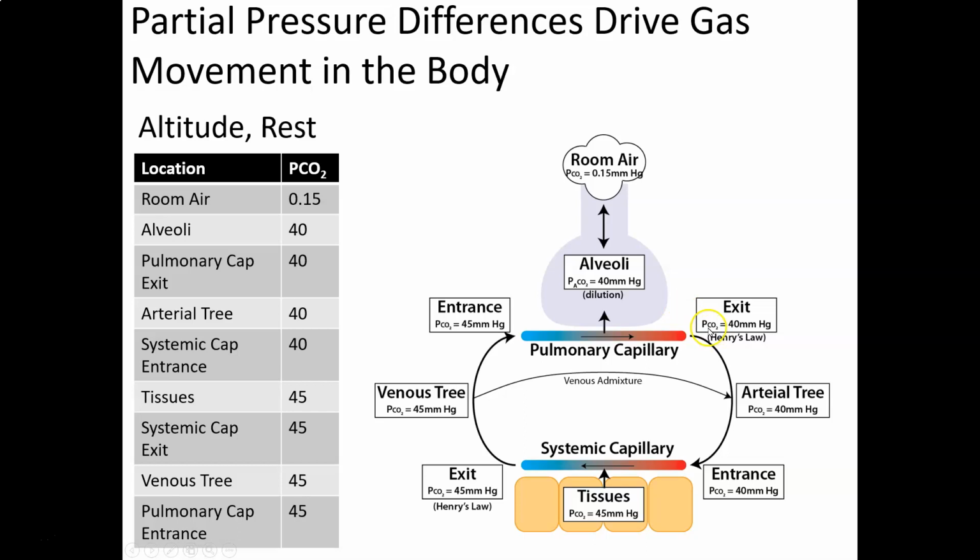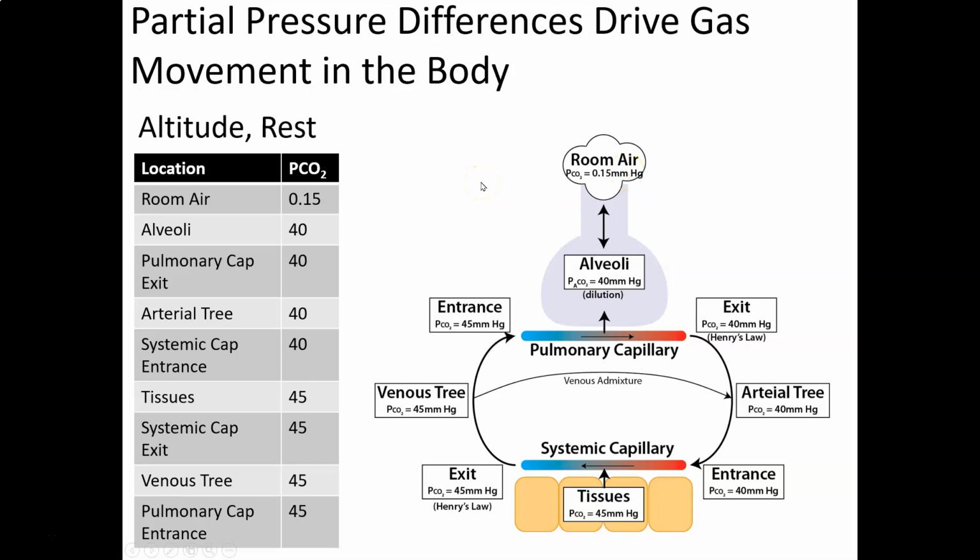The exit of the pulmonary capillary is 40, and it stays through that. The tissue, because we're using oxygen in a small amount at rest, right? So the tissue is 45, it exits at 45, and then it goes to the venous tree at 45, enters the capillary, and then diffuses into the alveoli, where then we ventilate it out.